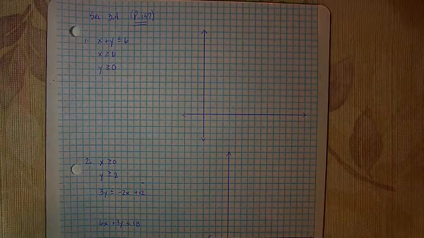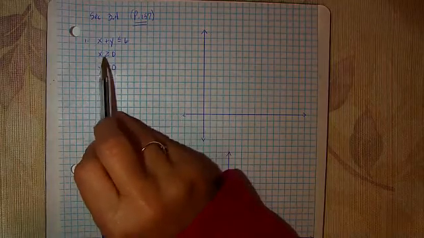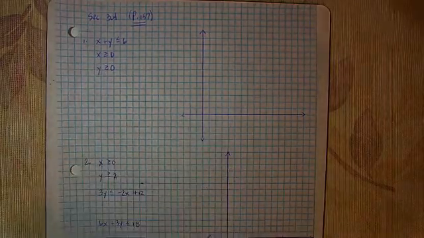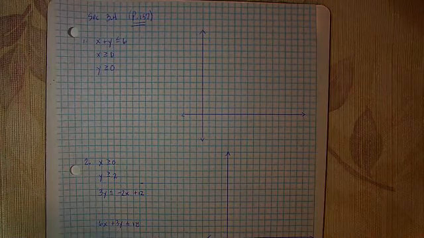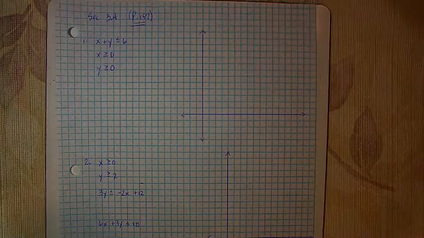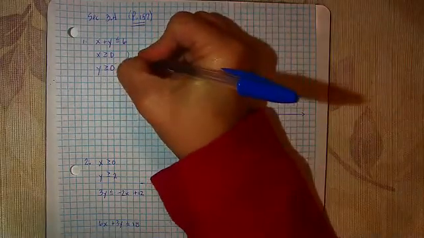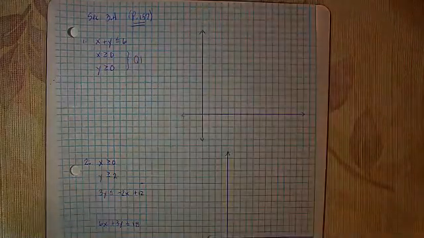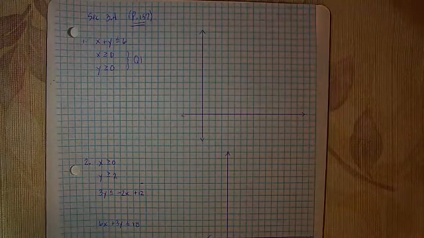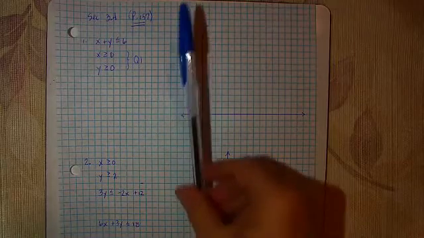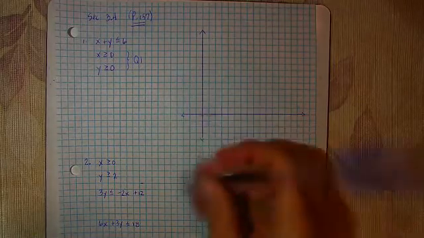In problem number one, I'm going to take a look at these two right here. A lot of times in linear programming, you'll see that x is greater than or equal to 0 and y is greater than or equal to 0. If you see those together, basically what that means is everything has to be in quadrant 1. So if x is greater than or equal to 0, this would be x is 0 right here.